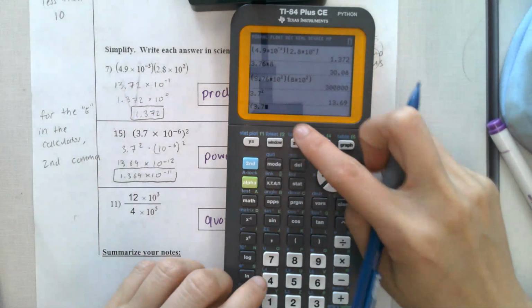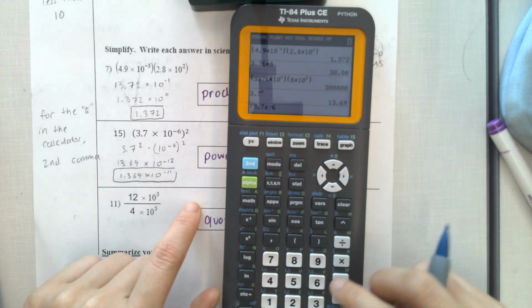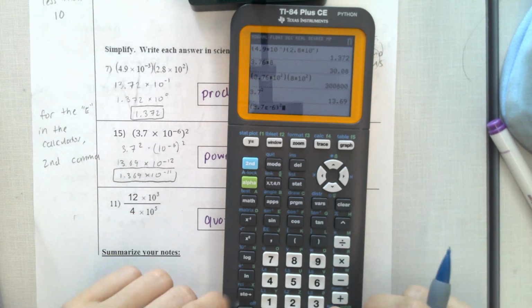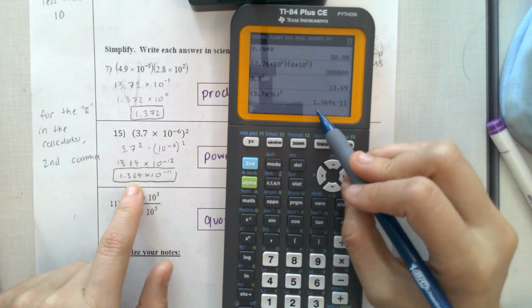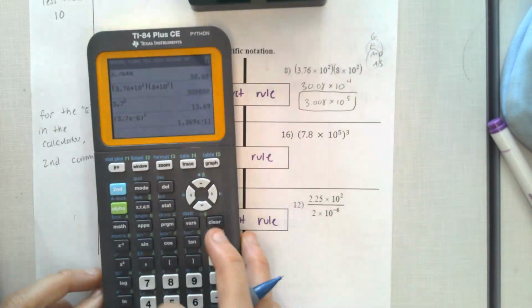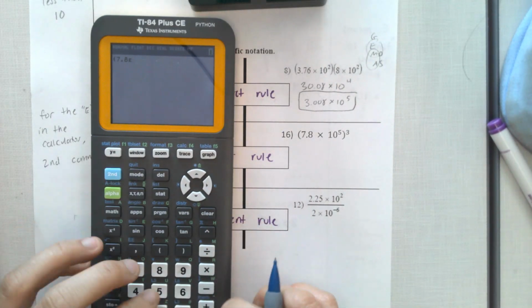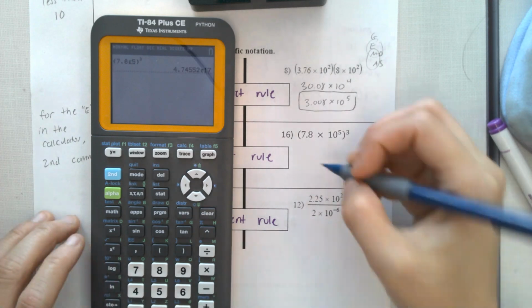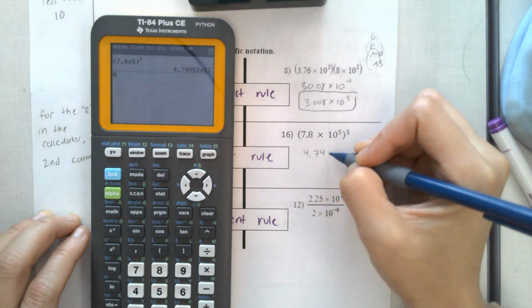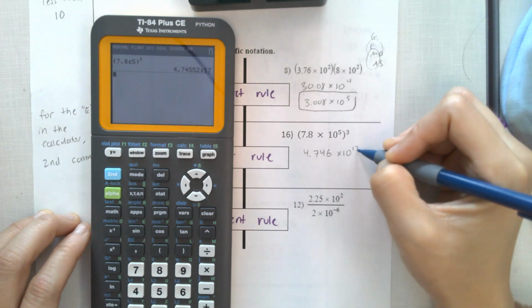So 3.7 e negative 6 to the power of 2. And then it does it for me. 1.369 e negative 11. All right, let's just do this one in the calculator. 7.8 e5 to the power of 3. 4.74, let's always round to the 3 decimals, right? Times 10 to the 17th.